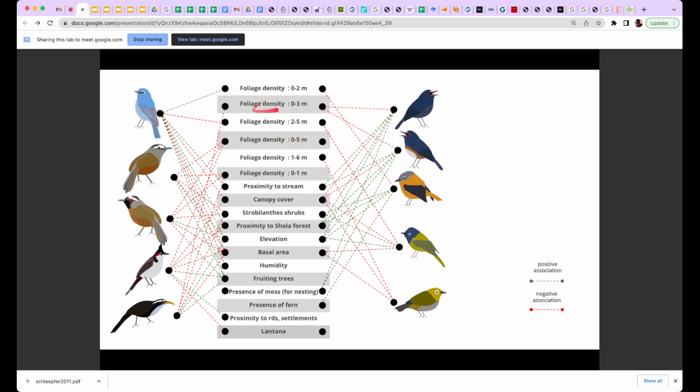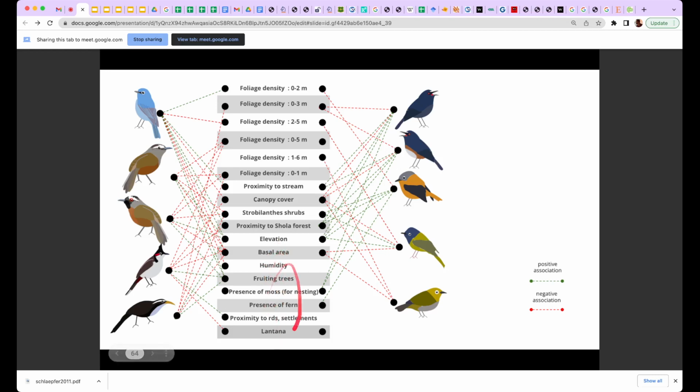It depends on several factors like how dense the vegetation is, how close the plot is to a stream or a river, what the canopy cover is, whether there is light in the understory of the forest, or whether there are other kinds of shrubs or fruiting trees which can affect whether some birds are there or not, like fruit eating birds, elevation, basal area.